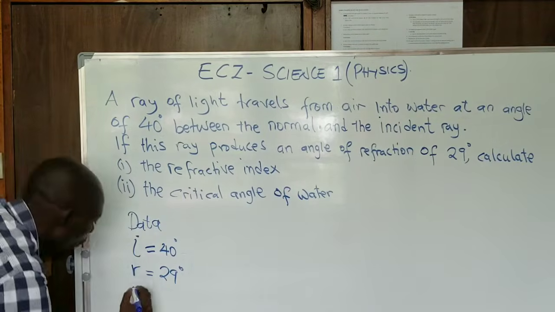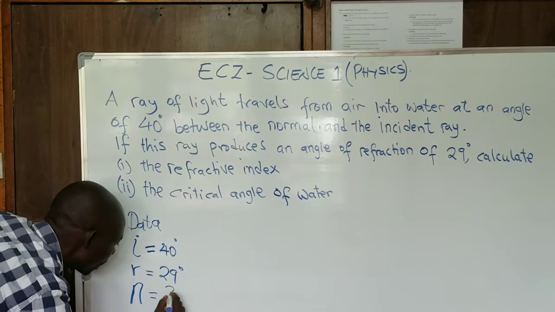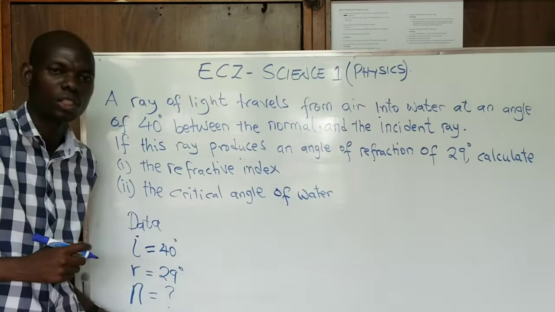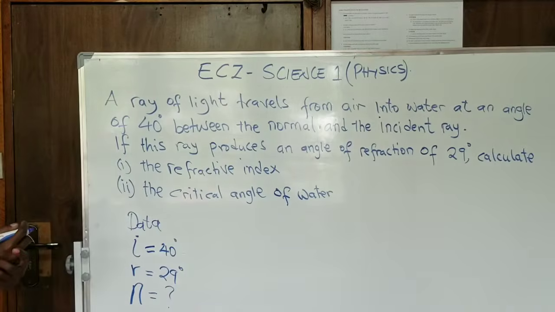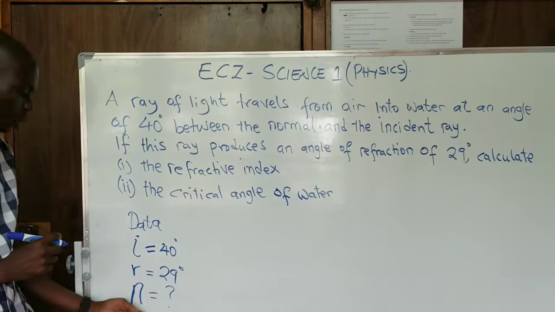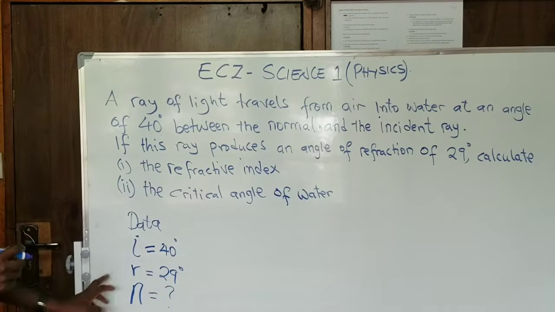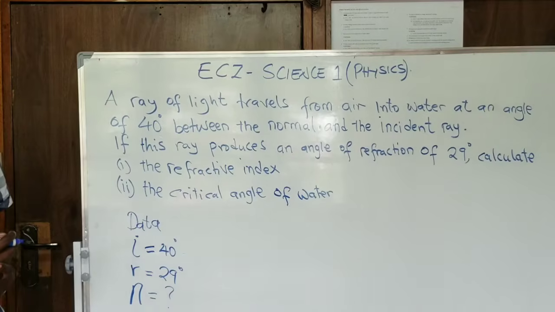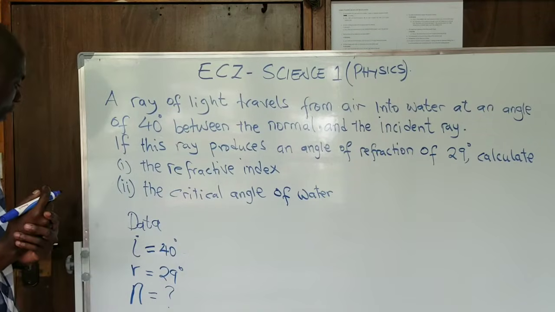The refractive index will be denoted by N. Sometimes we also denote it by the Greek letter mu, but we will denote it by N. Now all you need to do is apply the formula of the refractive index.